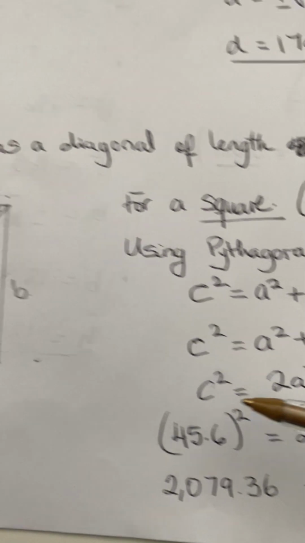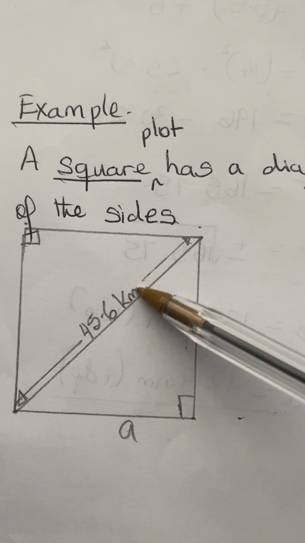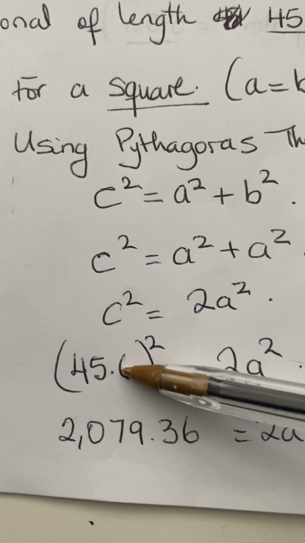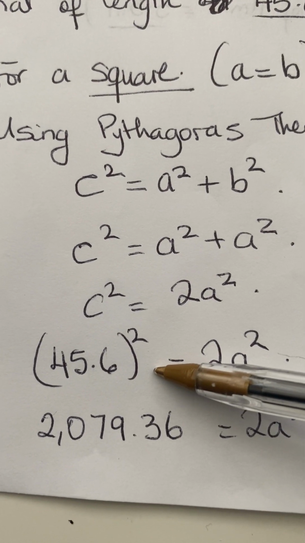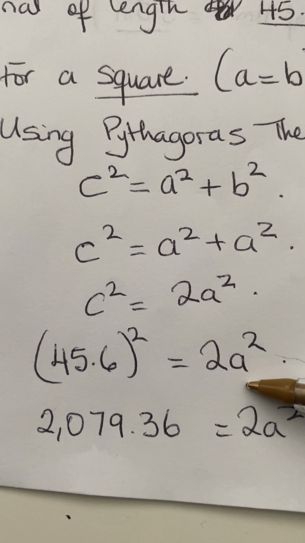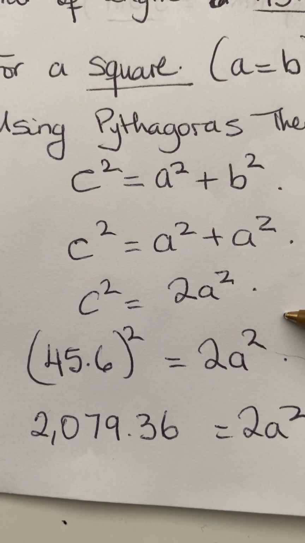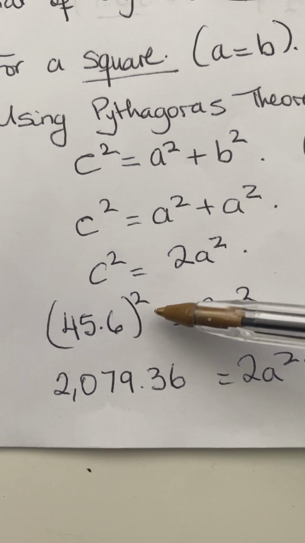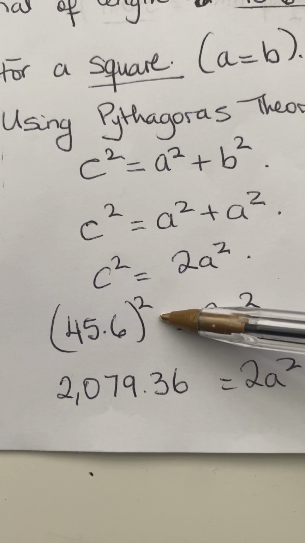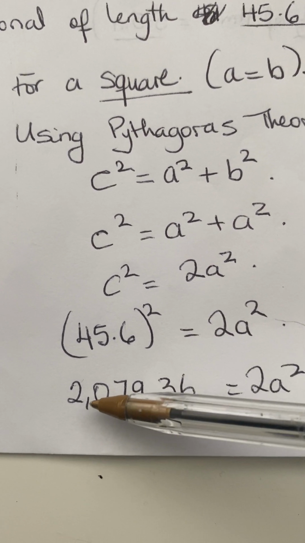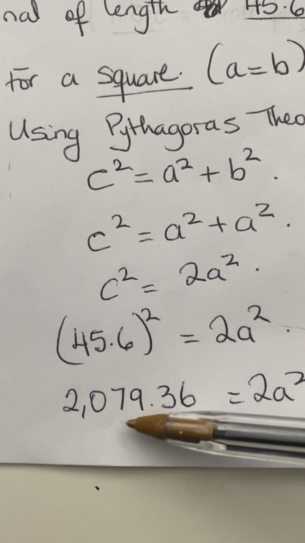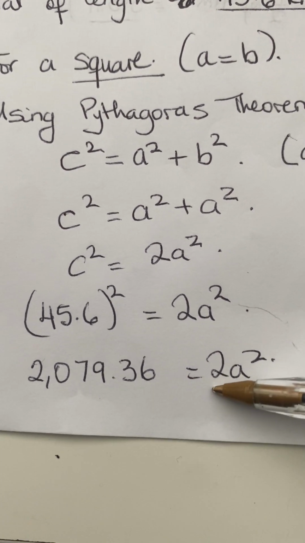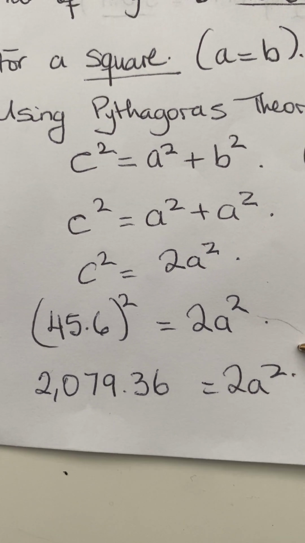Now C squared is the diagonal 45.6. So 45.6 all squared will be equal to 2A squared. If you do 45.6 squared correctly on the calculator, you are going to get 2079.36, which will be equal to 2A squared.